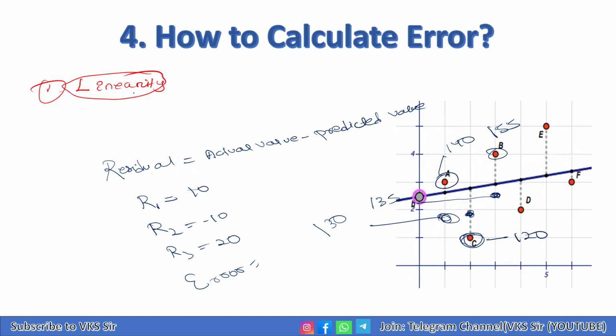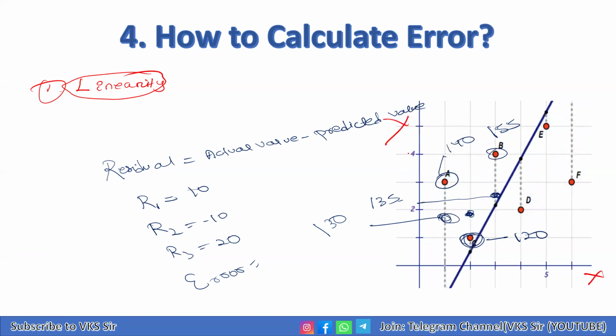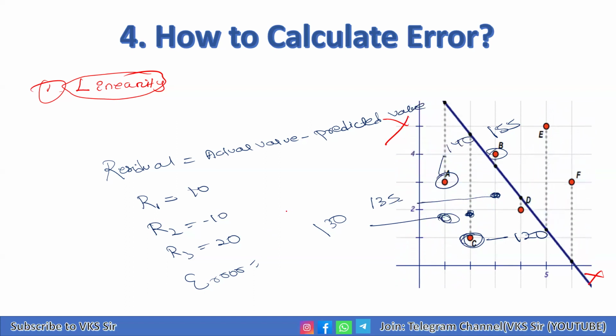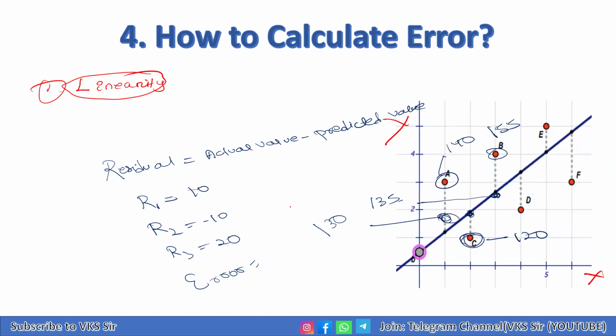Here we are finding the relationship between X and Y. According to our statement, Y is the weight and X is the height, so we are finding the relationship between weight and height. This line is linearity.